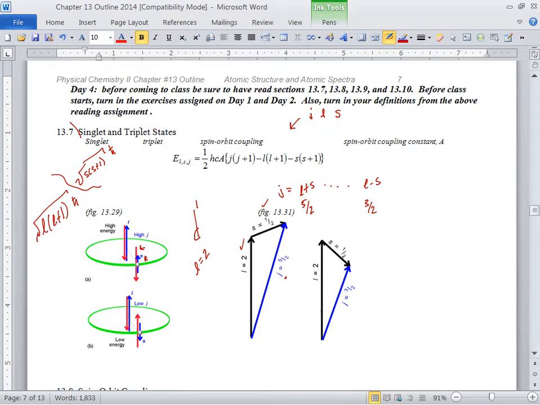Singlets and triplets. It really falls into this, 2S plus 1. So what does S come out to be? If you have one electron, S is just going to be a half. A half times 2 is 1, plus 1 is 2. So that wouldn't be a singlet or a triplet. That would be a doublet. But what if you had 2 electrons?